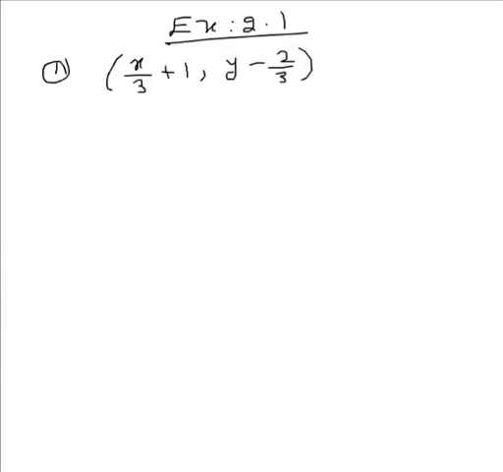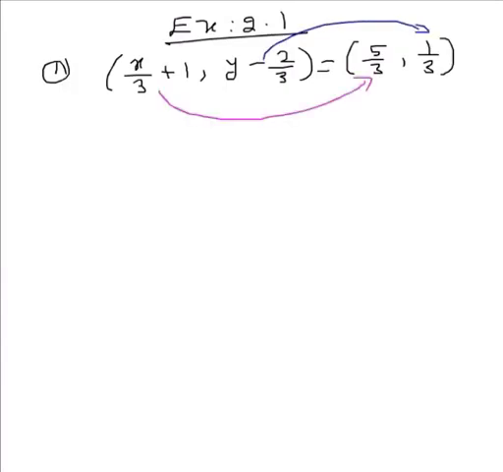Now we will start exercise 2.1. First question. If (x/3 + 1, y - 2/3) is equal to (5/3, 1/3), find the values of x and y. We know the definition: if two ordered pairs are equal, their first elements should be equal and their second elements should be equal.